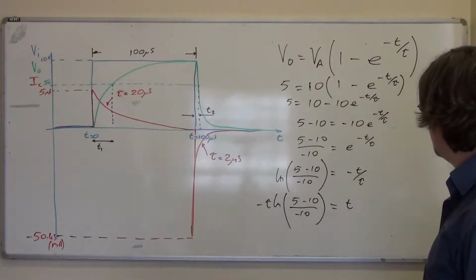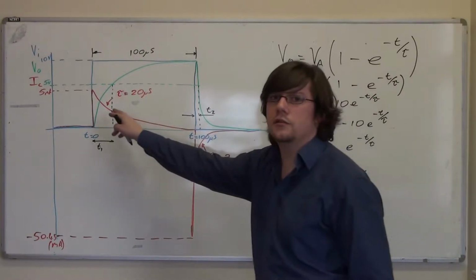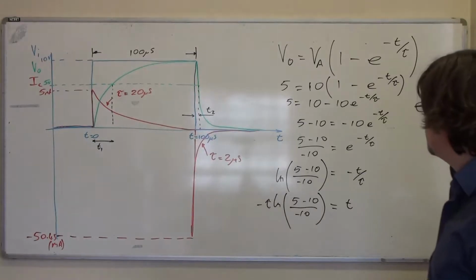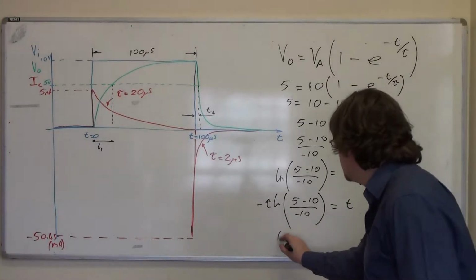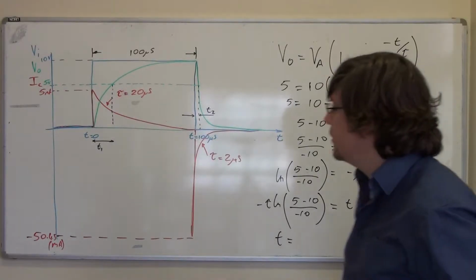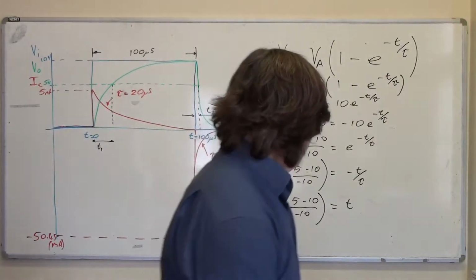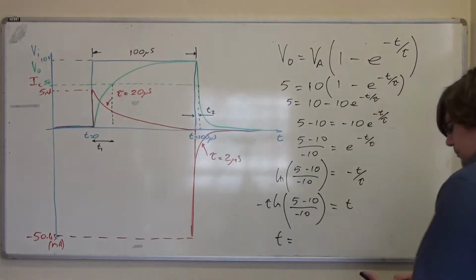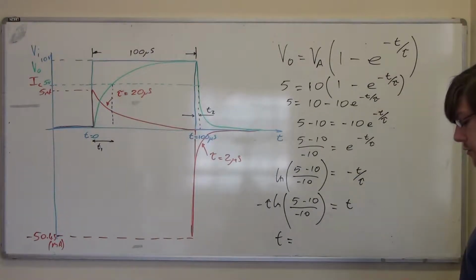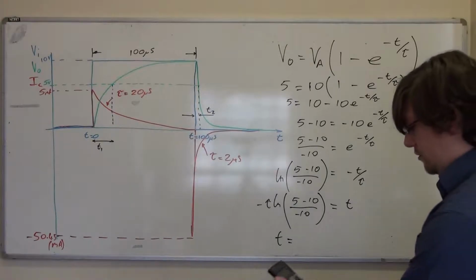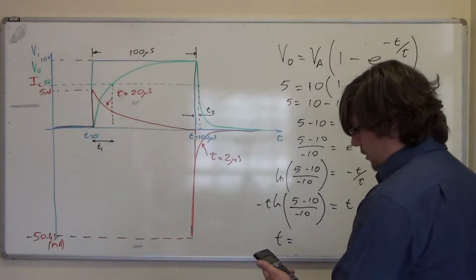So if I insert tau now, for this equation, tau is 20 microseconds. So I can insert that and I can get an answer for t, and that will be t1. So we'll do minus 20e minus 6 times the logarithm of, open brackets, 5 minus 10, hang on, 2 sets of brackets required, 5 minus 10, close first bracket, divided by minus 10, close second bracket, equals 13.8629, but in microseconds.